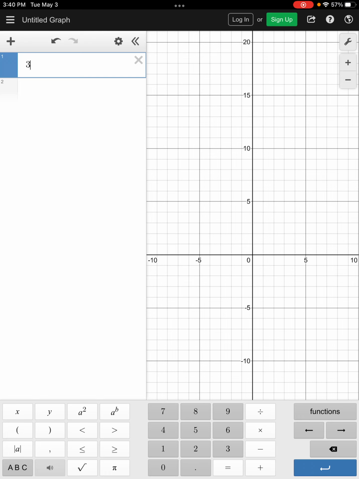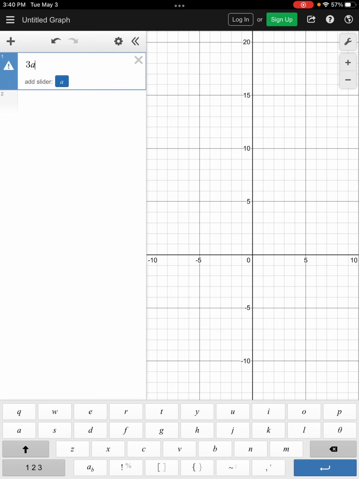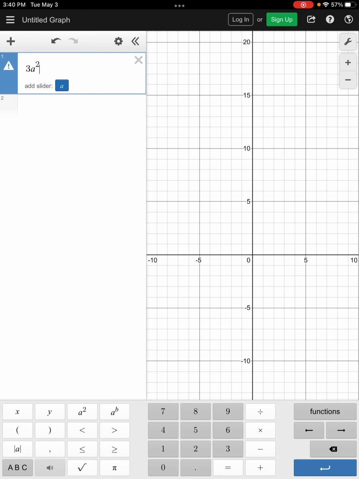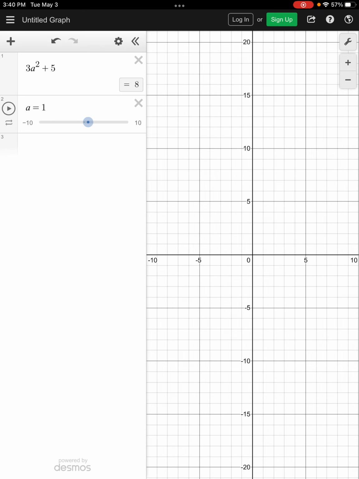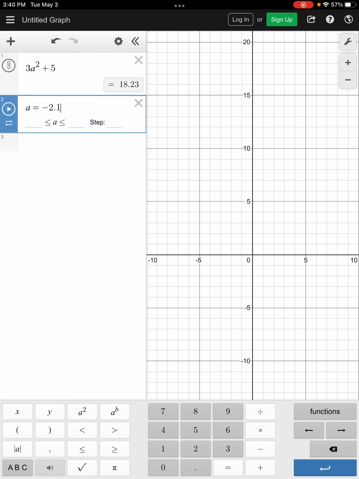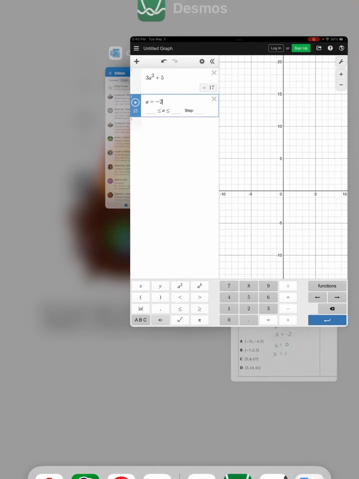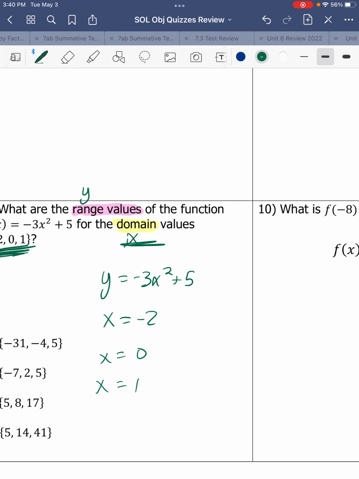So I'm going to have 3a squared plus 5, and I'm going to make the slider equal -2 first. Oh no, -2, so that's 17. Let me write that. So when x equals -2, the y is going to equal 17.